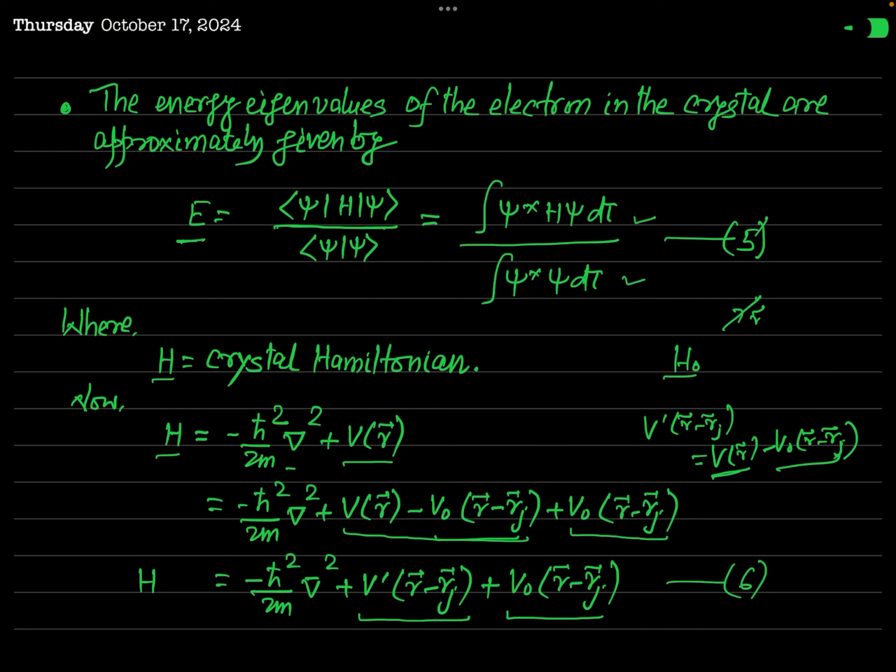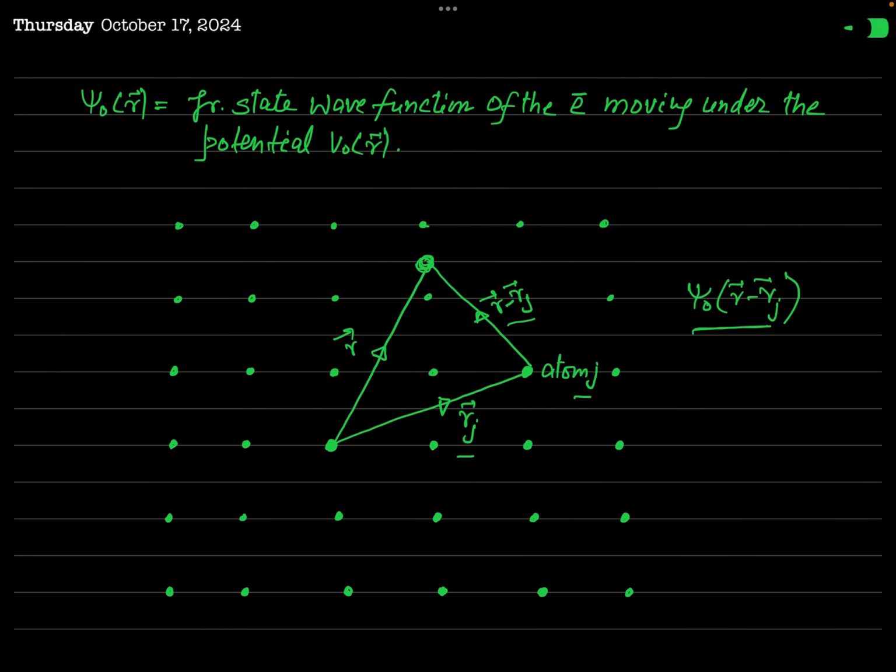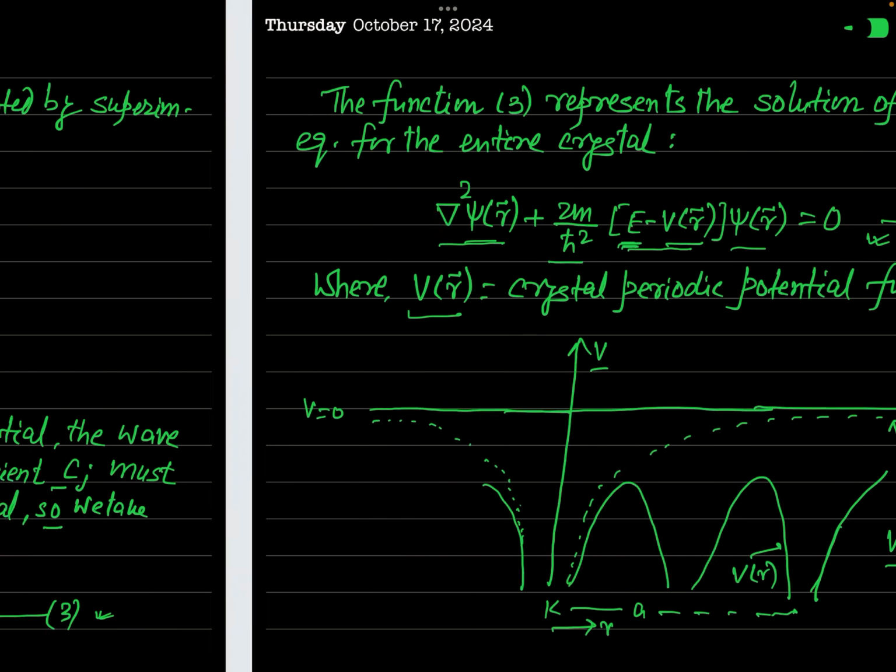Further, you can take the assumption in your mind that the greatest contribution to the potential energy arises from the parent ion. Here this jth ion, as you can see, is the main source of potential.